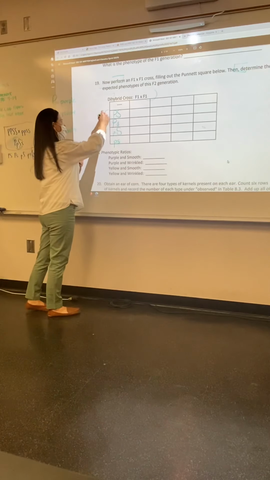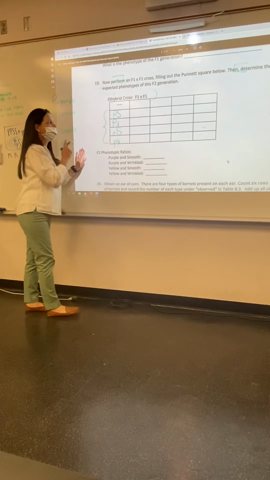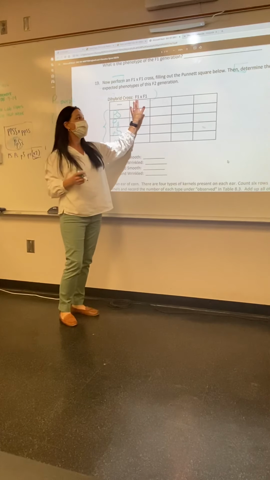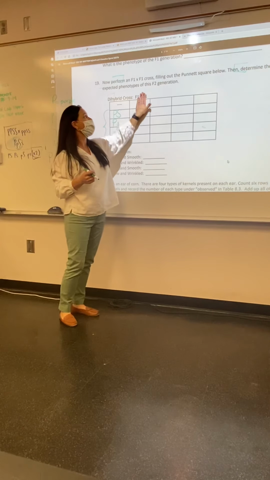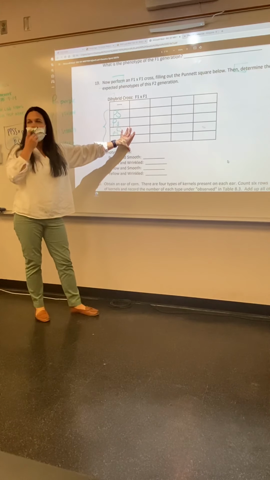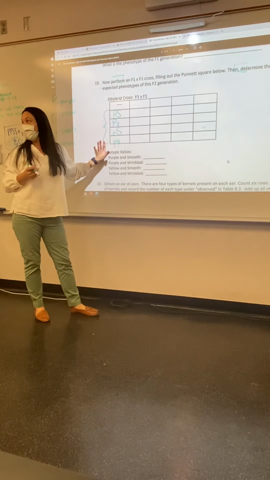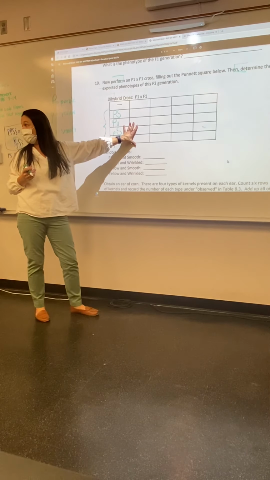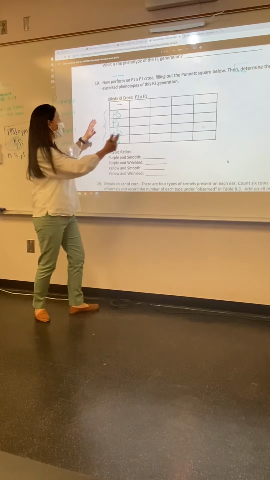Because we are doing an F1 generation times an F1 generation, we're using the same letters. So whatever you have on the rows is going to equal the columns. So here's what we're going to do.